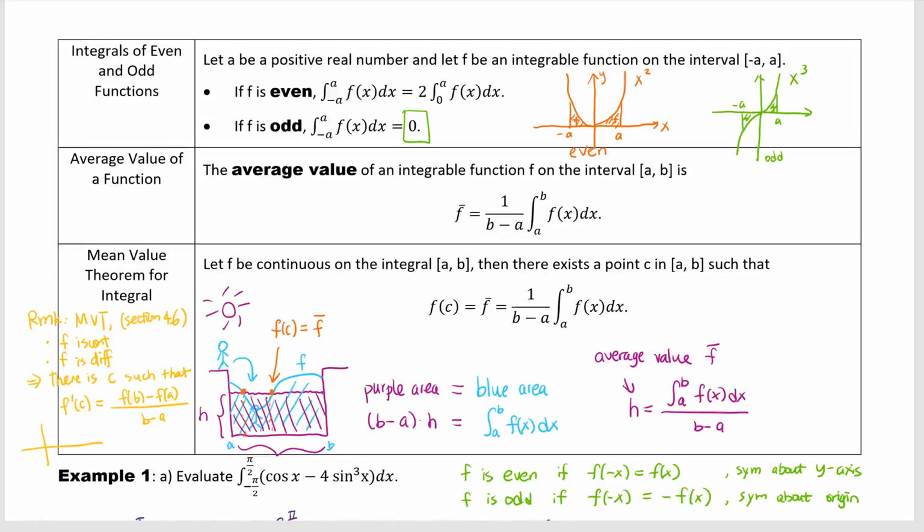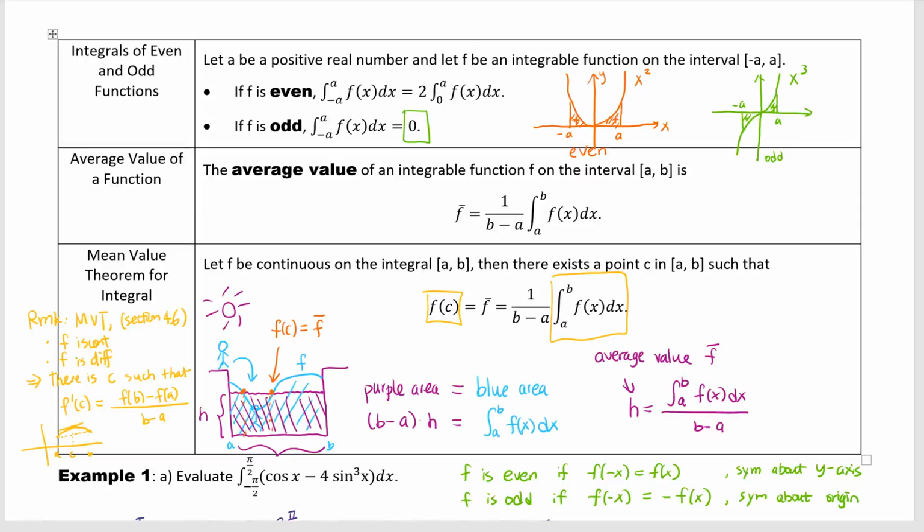The picture is, we have a here and b there, this is f of a, f of b, and we have a secant line passing through them. The mean value theorem tells us there must be a point where the slope of the tangent line equals the slope of the secant line passing through the 2 endpoints. So this is the regular mean value theorem, and here we have the mean value theorem for integrals, where we have the integral and f of c.